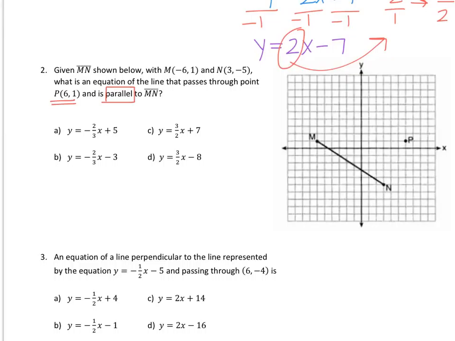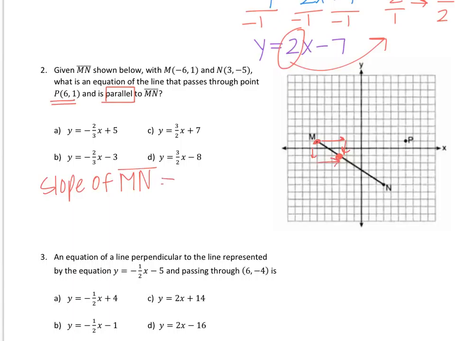So the first thing that we need to do is find the slope of MN. We're going to actually do this by taking a nice point like M and finding another nice point like this one and moving over and downwards, or down and over, since slope is rise over run.